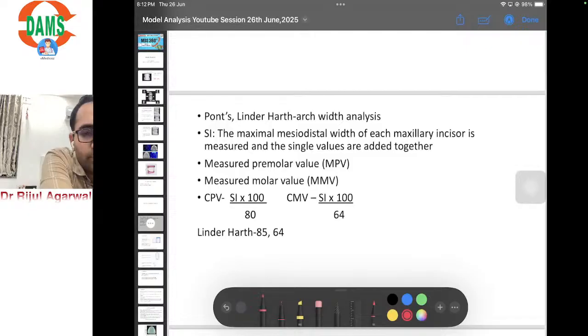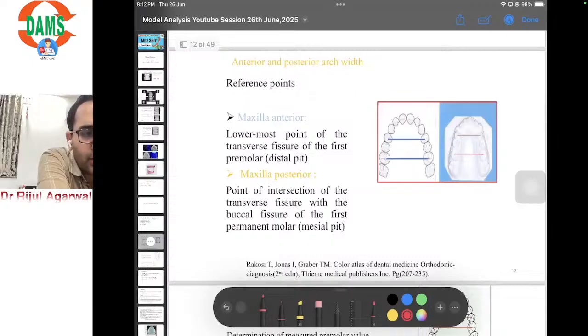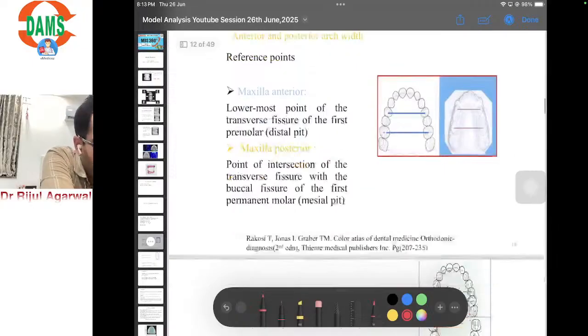Next we have to measure the premolar width, the interpremolar width and the intermolar width. How do we measure that? You have certain reference points in the maxilla. In the anterior it is the transverse fissure of the first premolar, that is the distal pit, and in the posterior the buccal fissure of the first permanent molar, that is the mesial pit.